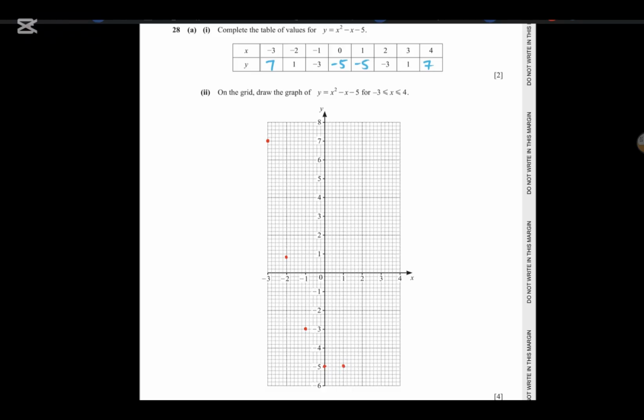Then 2 minus 3. 2 minus 3 is here. 3 is 1. And 4 is 7. 4, 7.